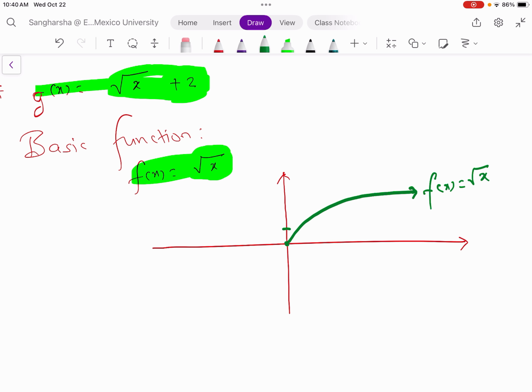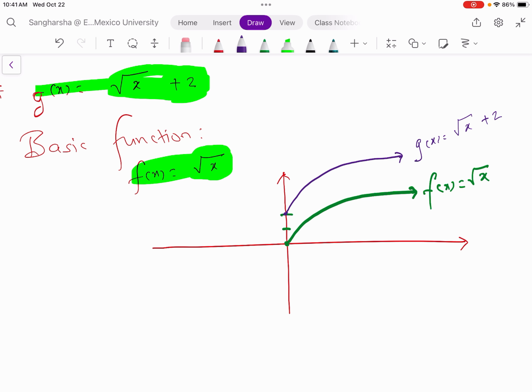So here, positive 1, positive 2, we draw exactly the same graph at 2, and this is our g of x. So this is square root of x plus 2. We used our basic function graph to get the graph of this g of x.